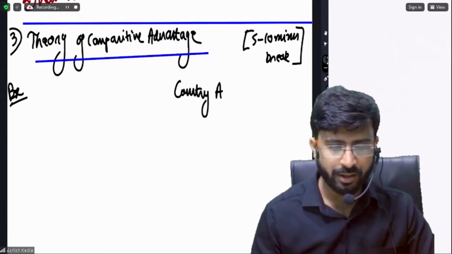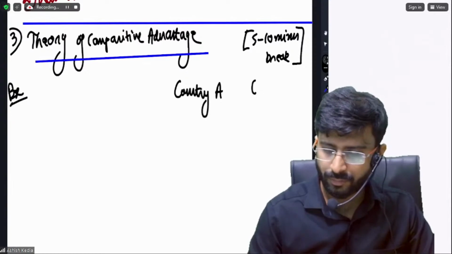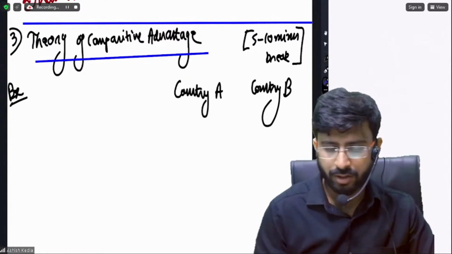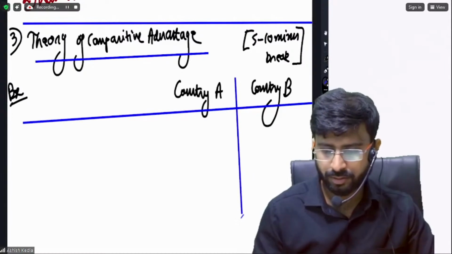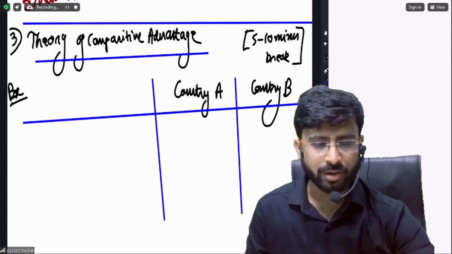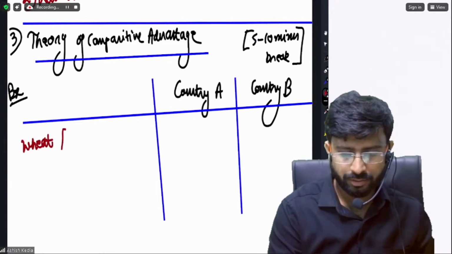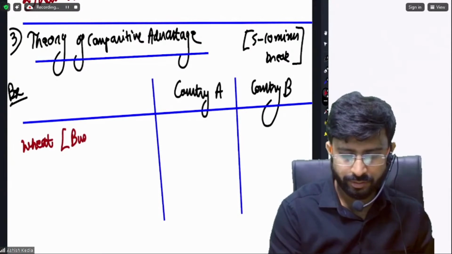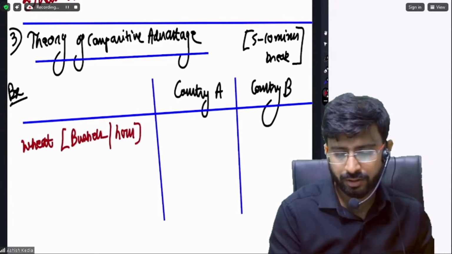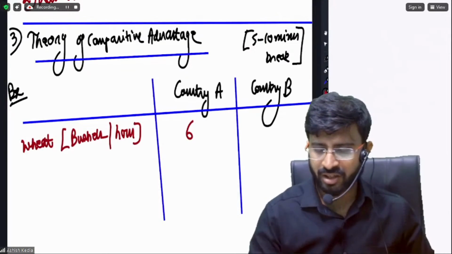देयर इज कंट्री ए, कंट्री बी. ओके, let's talk about wheat, bushels per hour. Country A 6, country B 1.